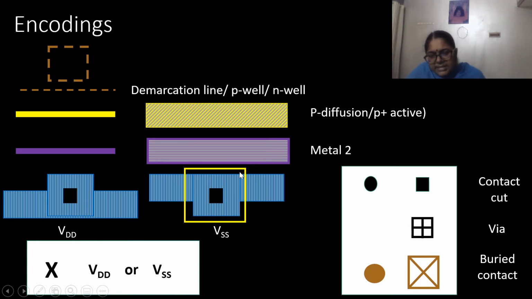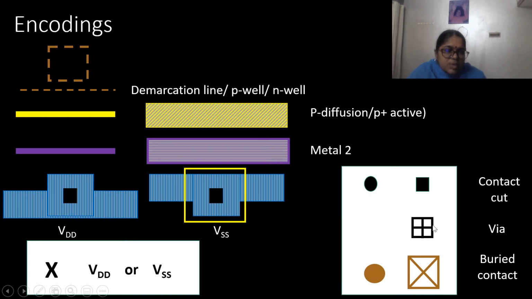And VSS is indicated by the metal layer, and one yellow box is also surrounding it. In the stick diagram, a cross is used on the metal layer to show that it is VDD or VSS.